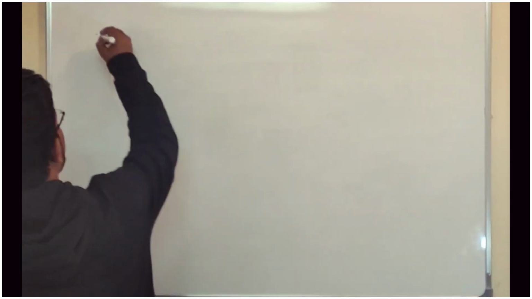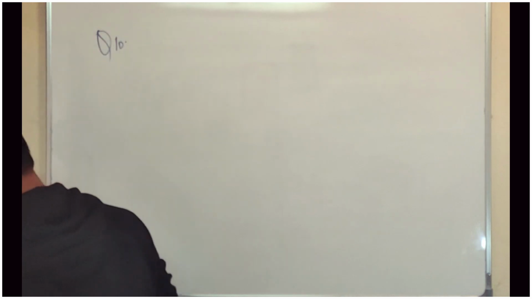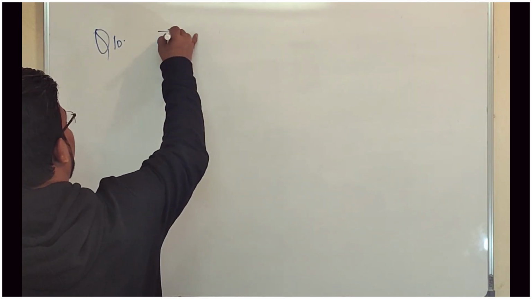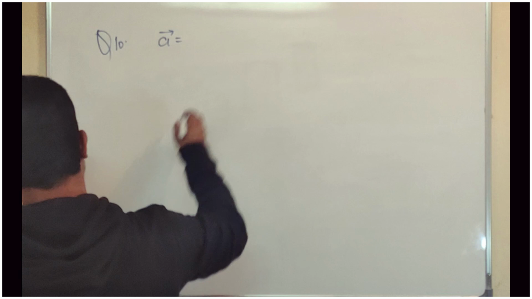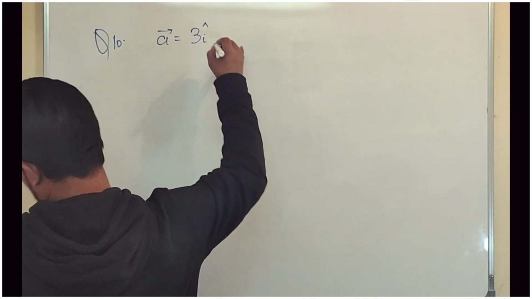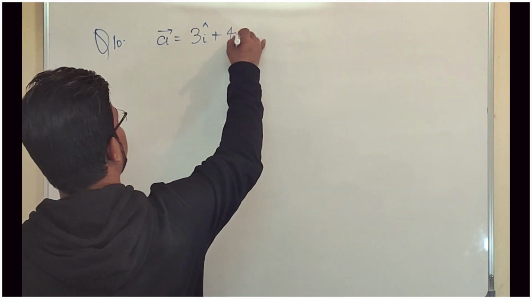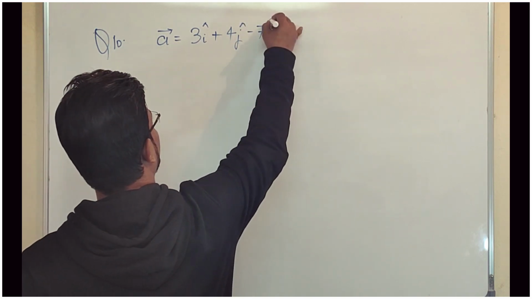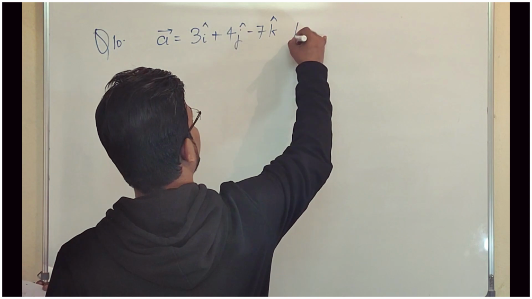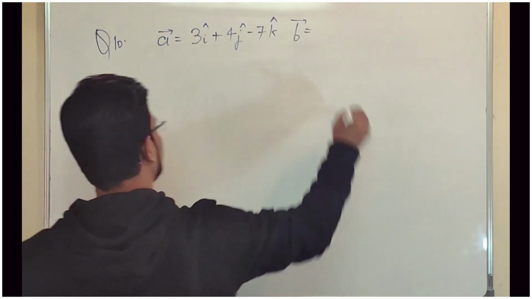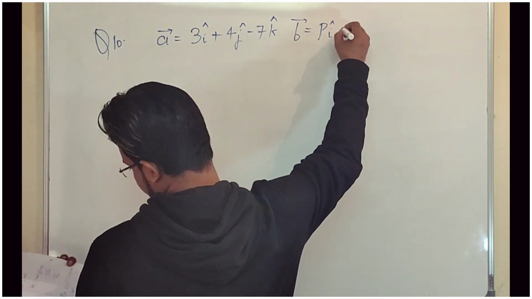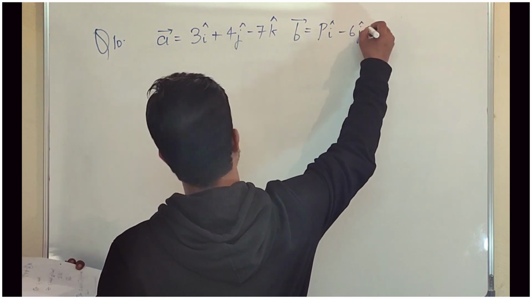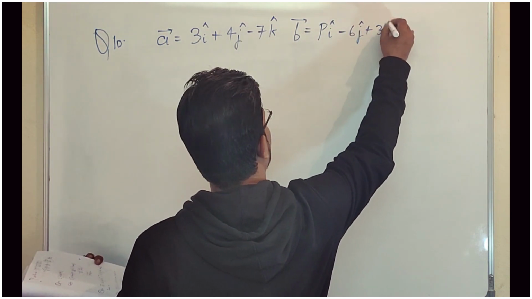Let's go, question number 10. It's given that a vector is 3i cap plus 4j cap minus 7k cap. Then we have b vector equal to p i cap minus 6j cap plus 3k cap.